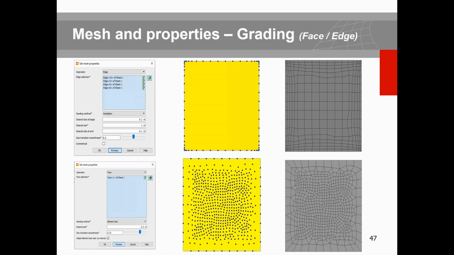Another powerful tool that gets along with the meshing and helps you to define the topology and the arrangement of your elements in the model is our element grading or seeding. So this could be defined based on the size, based on the division, based on the, say, density distribution at the surface level.